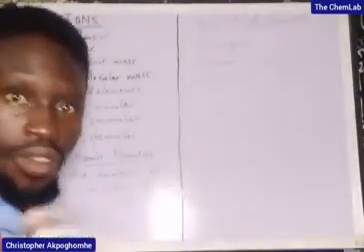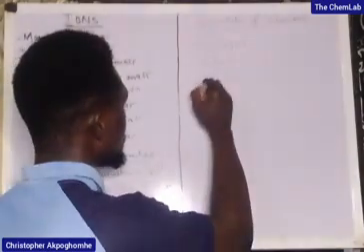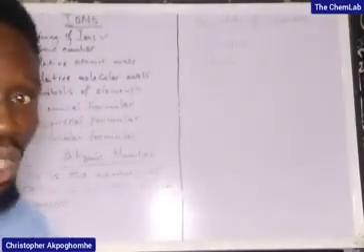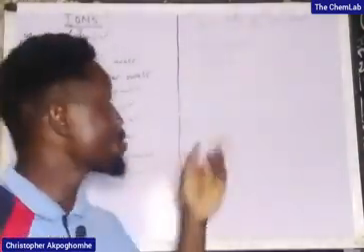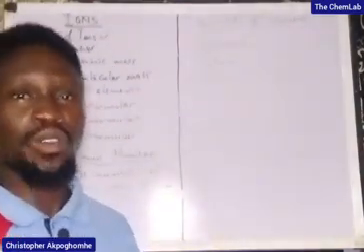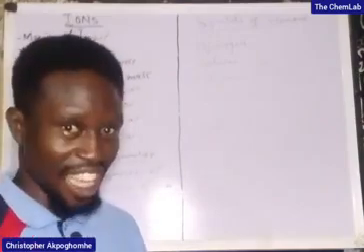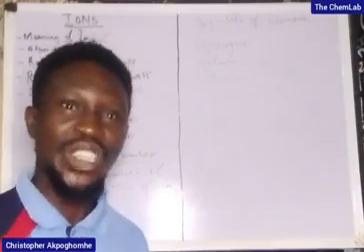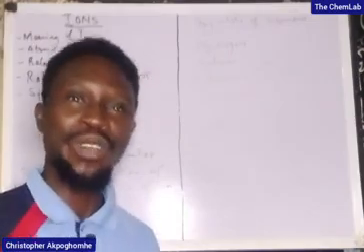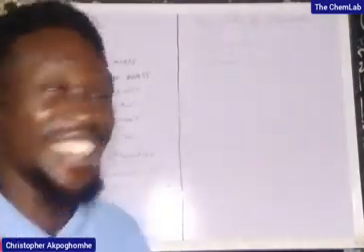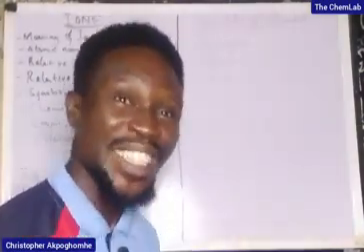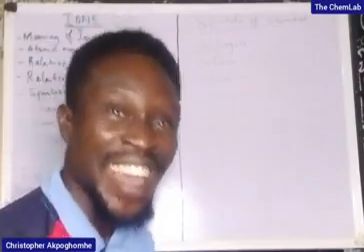Hydrogen, helium, lithium, beryllium. There's a song we actually used to sing when we wanted to remember the first 20 elements. Hydrogen, helium, lithium, beryllium, boron, carbon, nitrogen, oxygen, fluorine, neon, sodium, magnesium, aluminium, silicon, phosphorus, sulfur, chlorine, argon, potassium, calcium. Those are the first 20 elements.